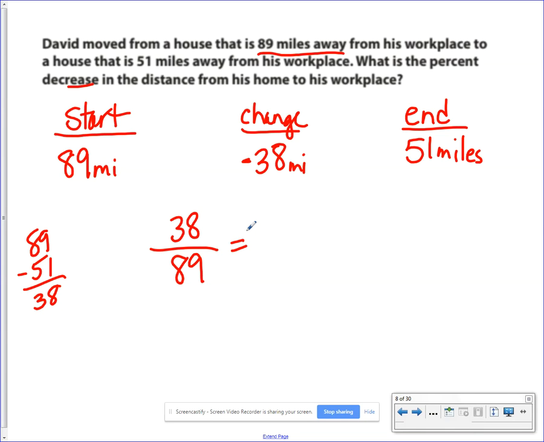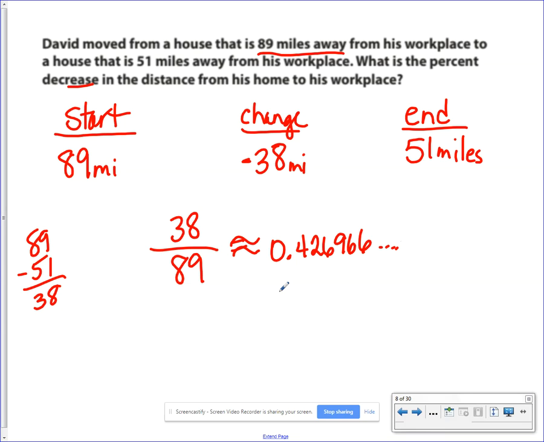My starting value was 89. Grab your calculator, because having a denominator of 89, I know is going to give me some nasty decimal here. Notice I'm changing this to approximately, because I know I'm going to cut this off somehow. I start with 0.426966 and it just keeps going.